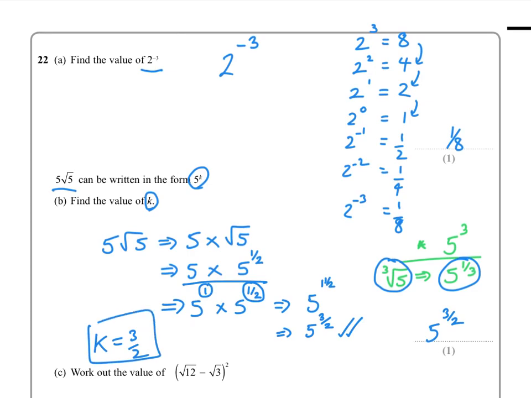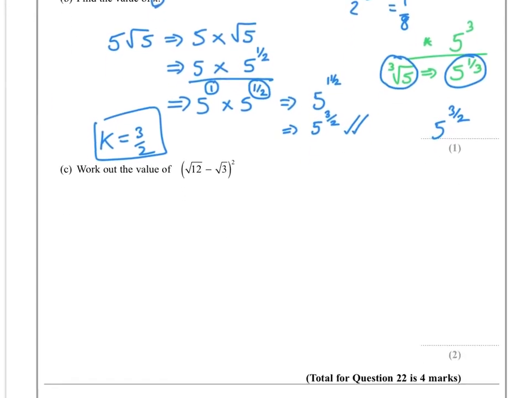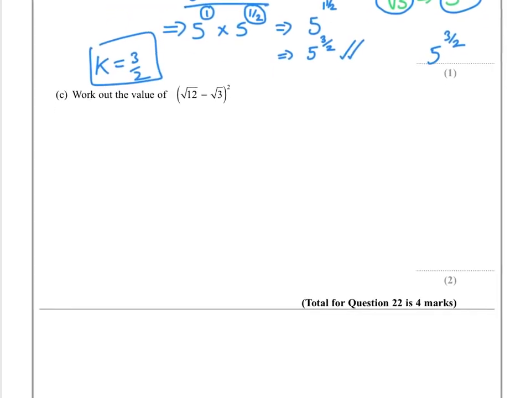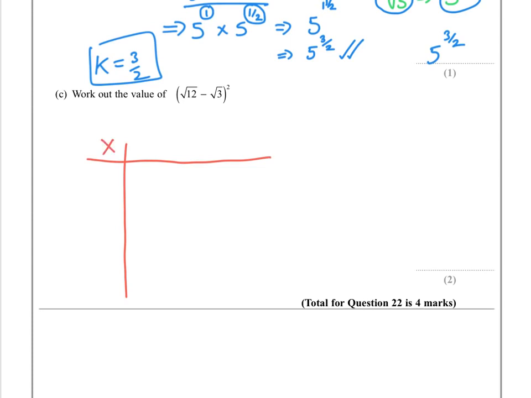Now, we've now got to work out the value of something in a bracket all squared. So my favourite way of explaining this to people is to do it in a grid.